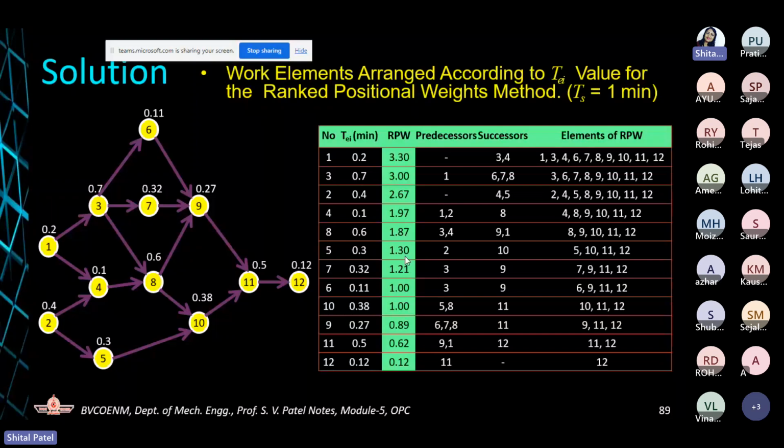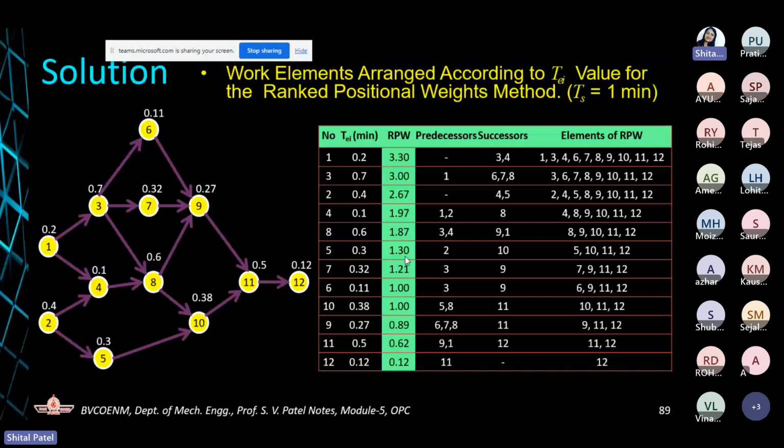In the same way, in this particular method, you need to identify and give the maximum weightage to the activity on which the rest of the activities depend. Take activity number 1. How many activities depend on 1? 3, 4, 6, 7, 8, 9, 10, 11, and 12.